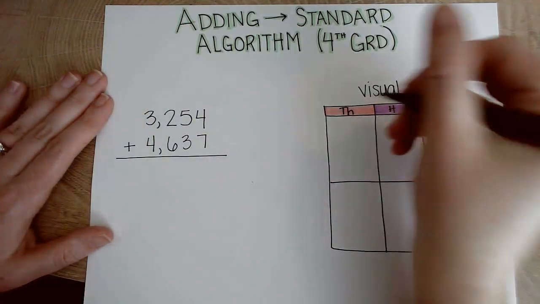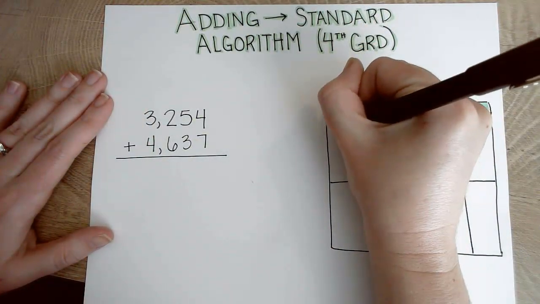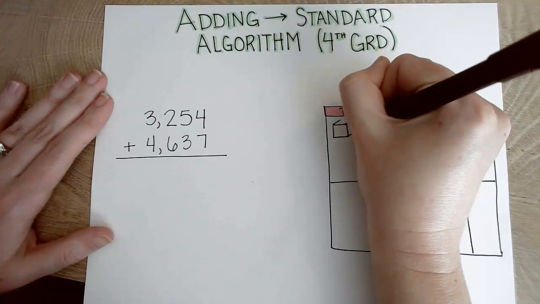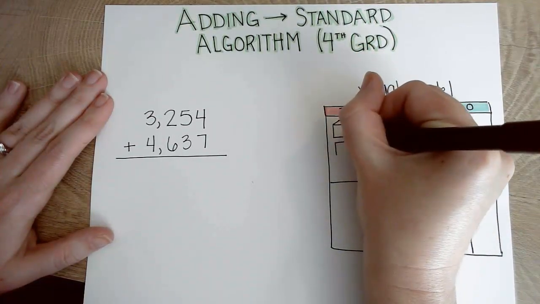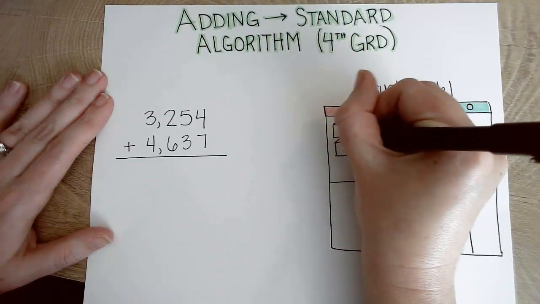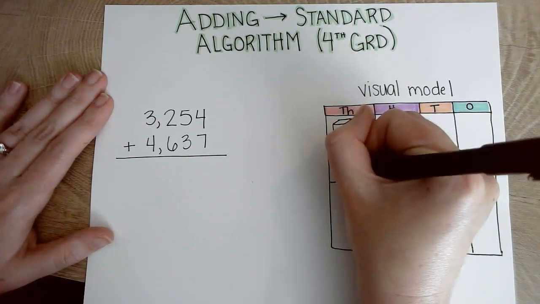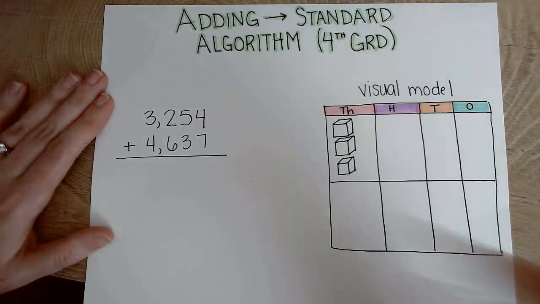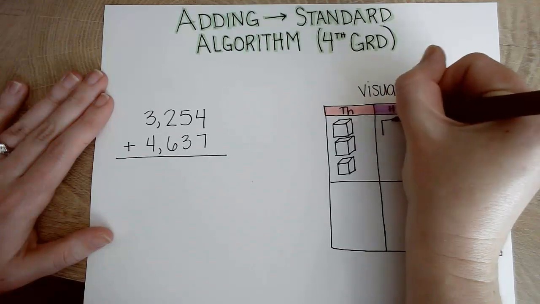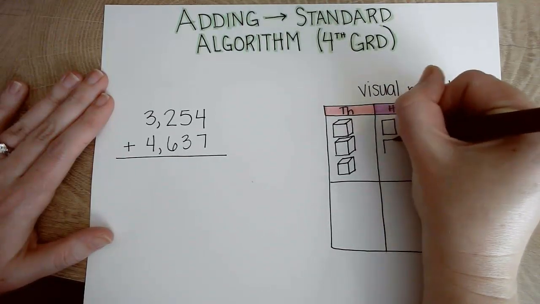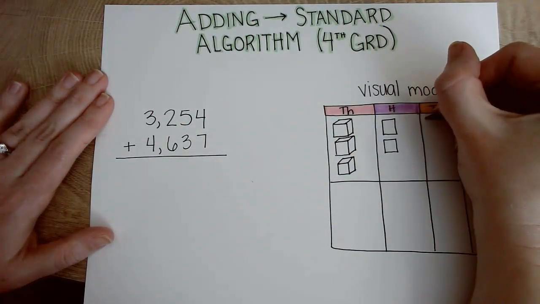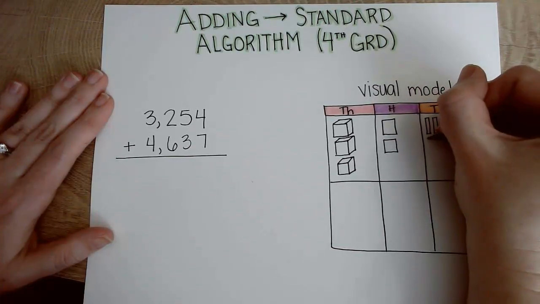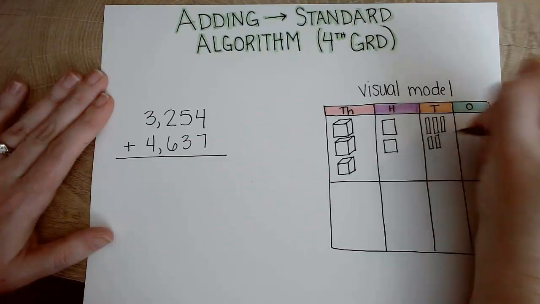So I see that I have 3,000s, which I will represent with 3,000s place cubes. 200s, 5 10s, and 4 ones.